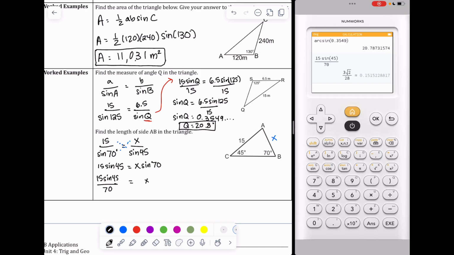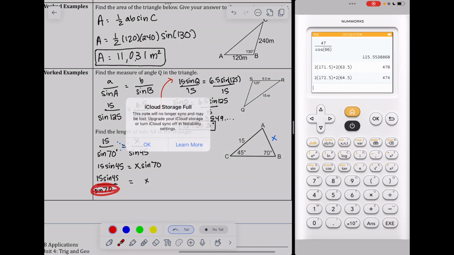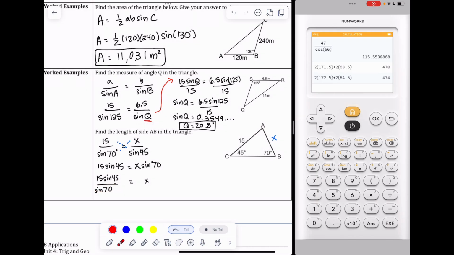Oh, is that, let's see. Oh, I forgot to divide by sine of 70. Today is one of those days. Lots of little things. Let's try that again. So, make sure you fix it in your notes. We're dividing by the sine of 70.